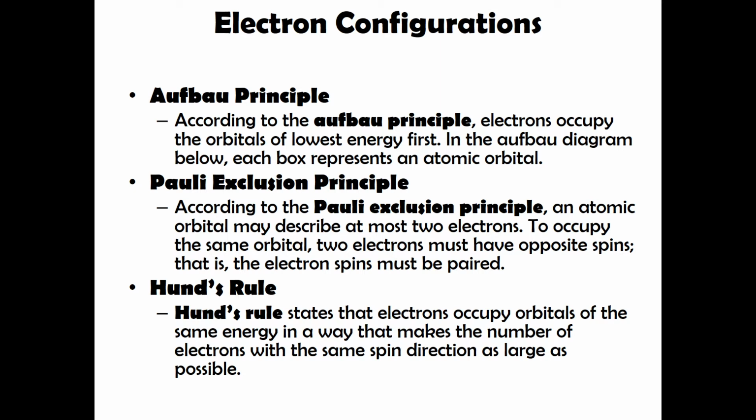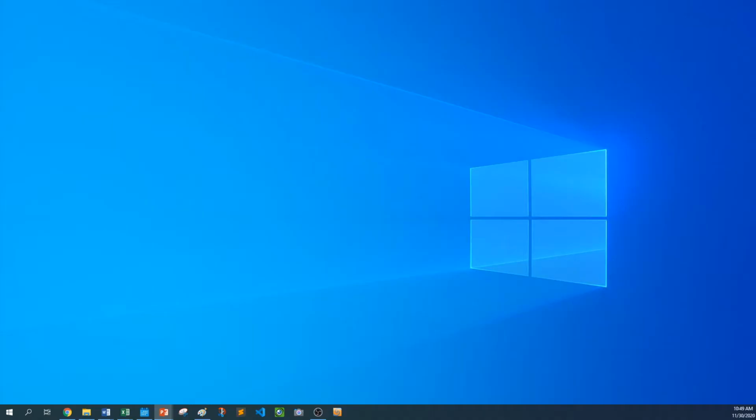Let's say we added a spin-up electron. It would go into one of the p orbitals, let's say px. The next electron will match the previous electron's spin, because according to Hund's rule, electrons tend to make the spin direction as large as possible. So we'll end up with 2 spin ups, and because of the Pauli exclusion principle, they can't go in the same orbital. So px will have 1 spin up, and py will have another spin up.